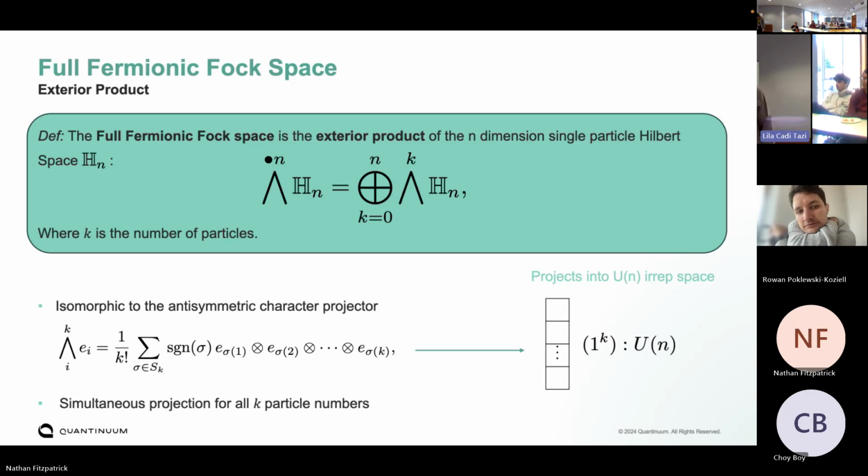And essentially, this is where things get a little bit technical, but the full fermionic Fock space can be expressed as an exterior product of the n-dimensional single particle Hilbert spaces, Hn. So what this wedge product is basically saying is that it's the direct sum of the particle number spaces k up to n, which have these k-dimensional wedge products acting on them.